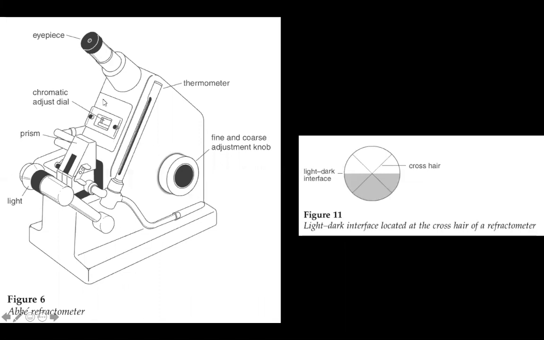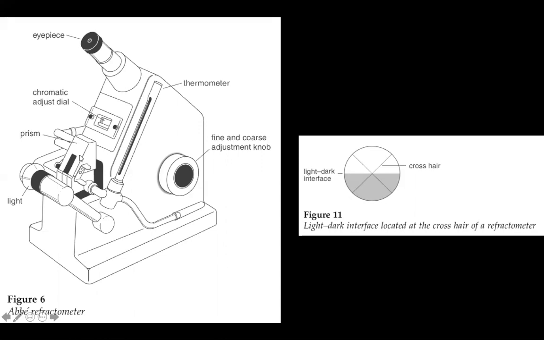Our refractometer looks very similar to the one in this illustration from Lab 2 in your lab books. It's an Abbe refractometer. Basically, you have prisms here, and you'll open this up. It's on a swing hinge, and you'll apply your liquid fractions to the prism here. You just need a thin layer for the light to go through. You have a light source here, so you'll need to make sure that the light is turned on and your refractometer is turned on.